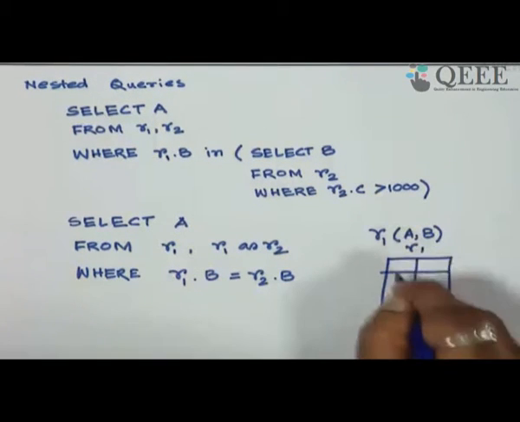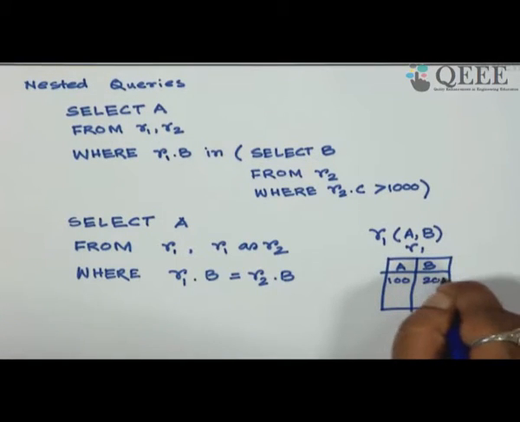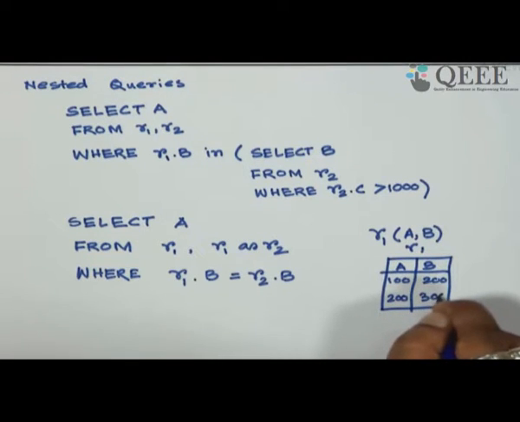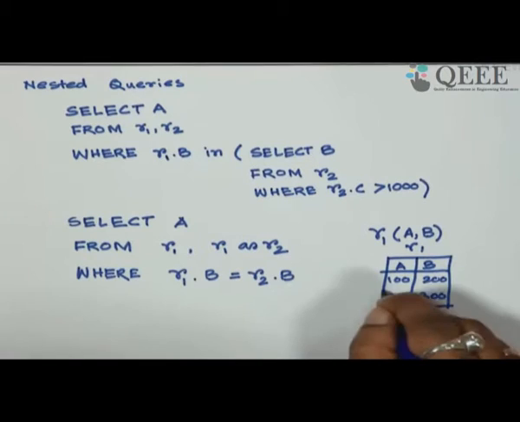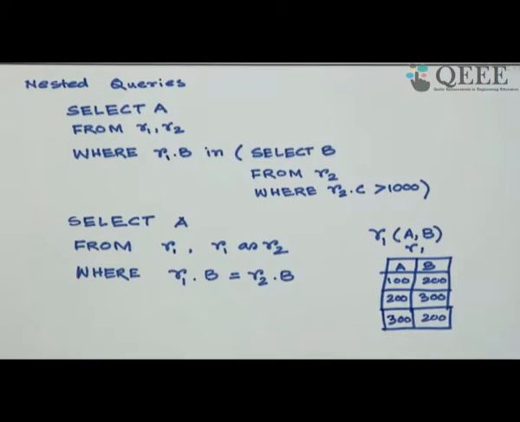This is my R1, with two attributes A and B and 3 rows: 100, 200; 200, 300; 300, 200. What happens when I rename R1 as R2?